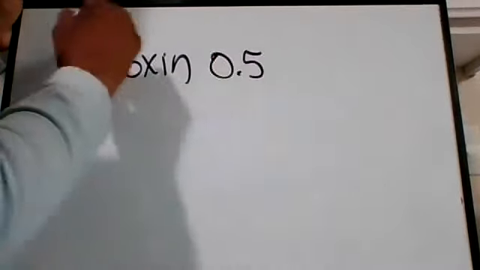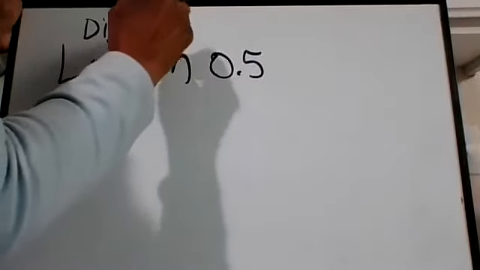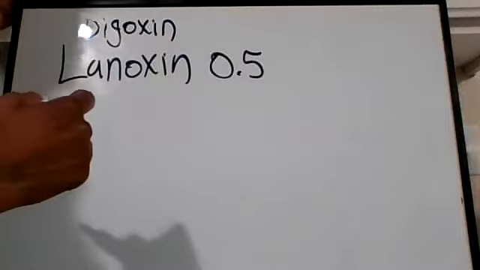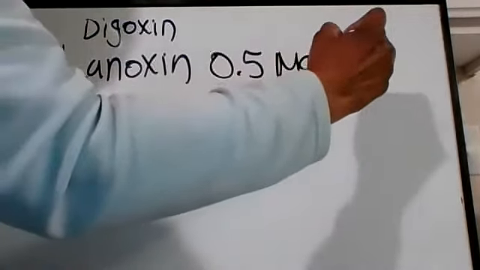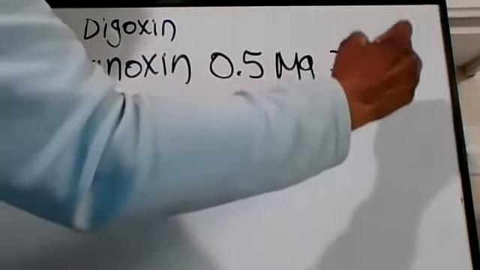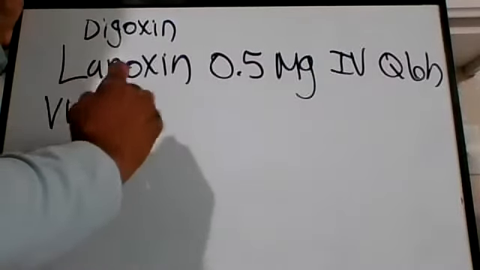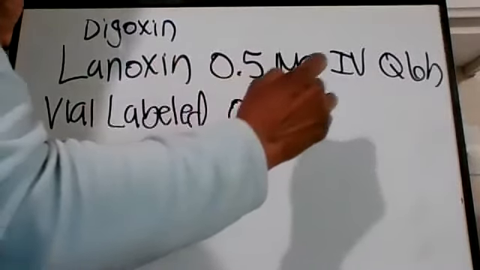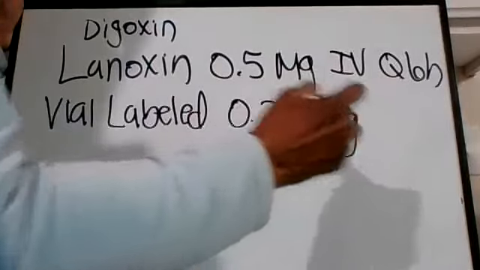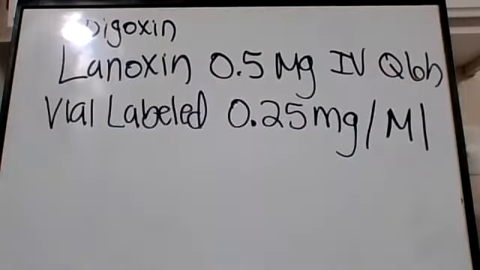Digoxin is written this way: 0.5 milligrams IV every 6 hours. What you have is a vial labeled 0.25 milligrams per milliliter.